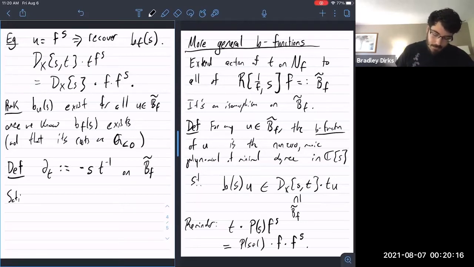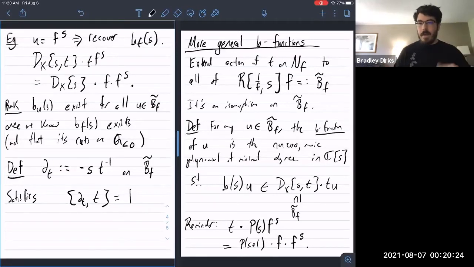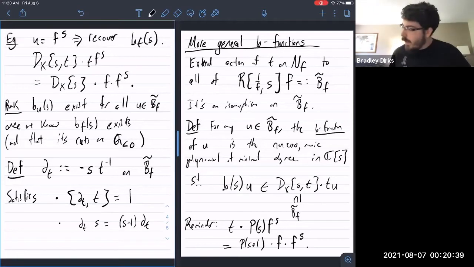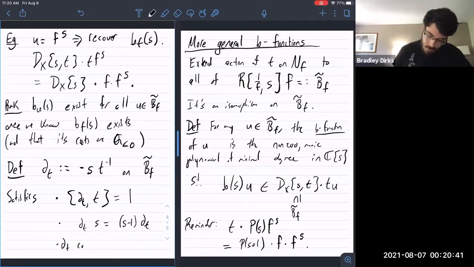So this satisfies, it's called dt, and it has the right commutativity property with this element t, and also dt of s. So t shifts it to s plus 1, and dt, because there's a t inverse there, turns it into s minus 1. And I should say, dt commutes with all elements of dx.